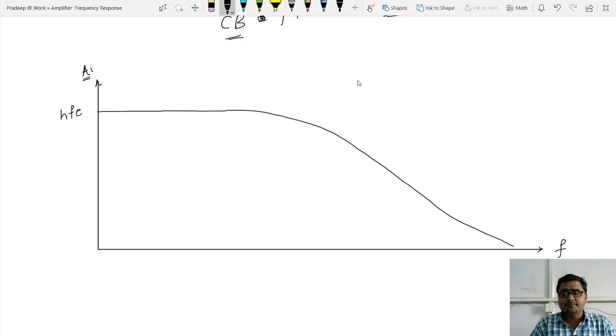Now see, what is F beta? The frequency at which gain falls by minus 3 dB. Minus 3 dB means what? It is nothing but 0.707.